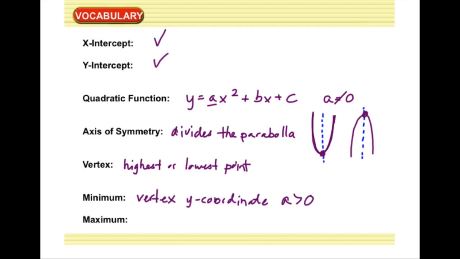It's going to scoop upwards. If my parabola has an a that is less than 0, or it's a negative a, my parabola is going to scoop downwards and it's going to have a maximum point, right? So minimum, a is positive, maximum, a is negative. You'll definitely be able to refer to these notes because I know that this is a lot to remember right off the bat.